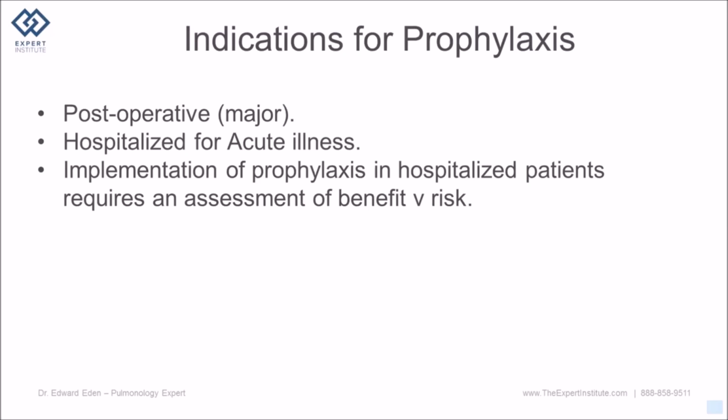I've already mentioned this, but you'd be surprised how a proportion of patients do not get this type of prophylaxis. It's generally indicated for hospitalized patients with acute illness and major post-operative major surgery, but still requires assessment of benefit versus risk.